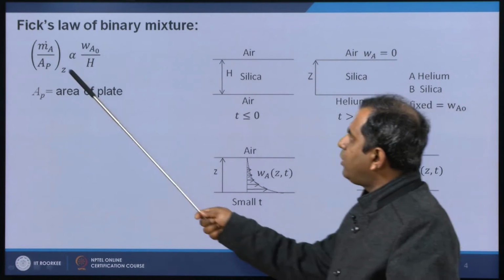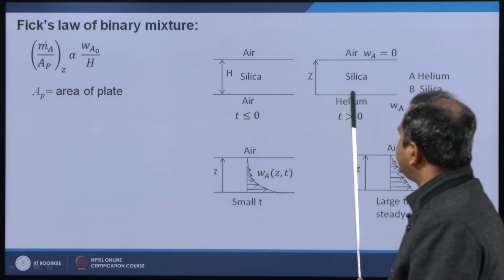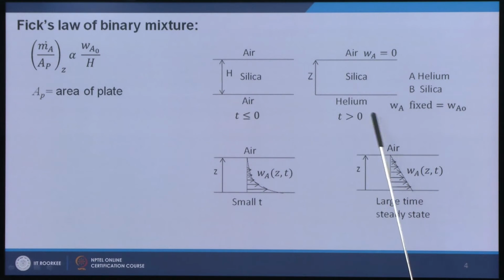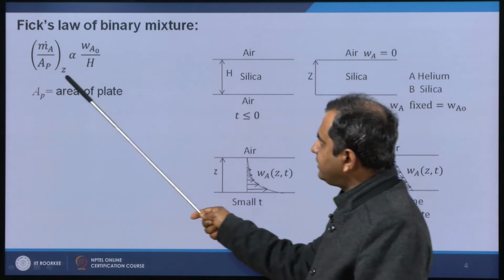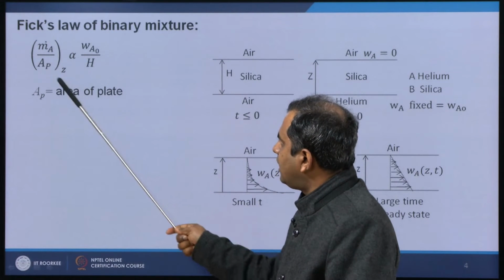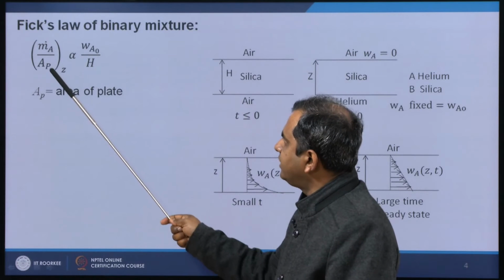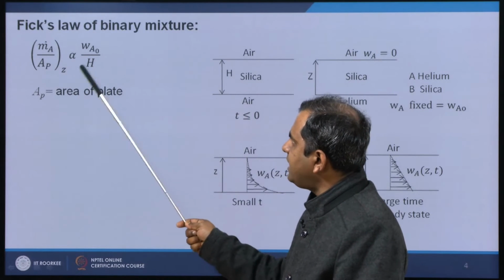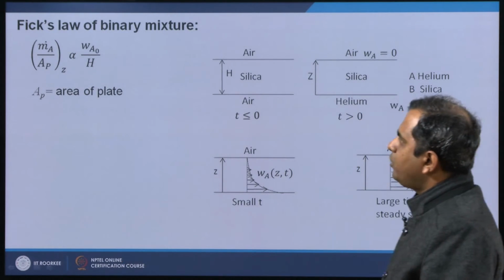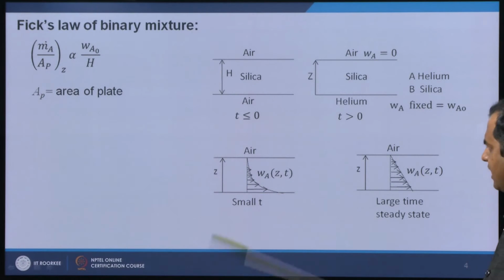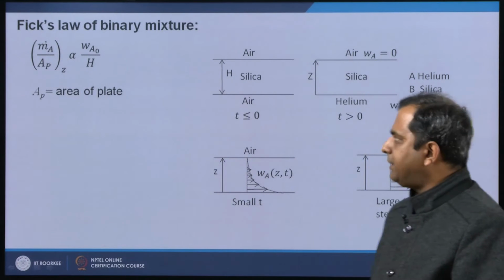As well, m dot A is proportional to AP, which is nothing but the area through which the helium and silica are in contact. So, if you combine all these three terms, you will get m dot A by AP is proportional to W A naught by H. Here, as I have mentioned, AP is the plate area.